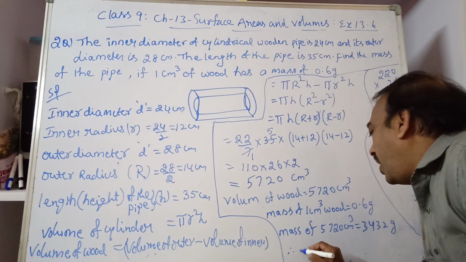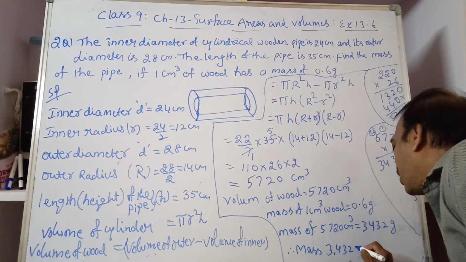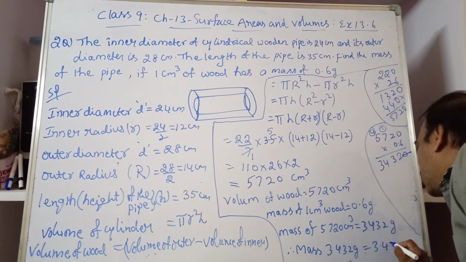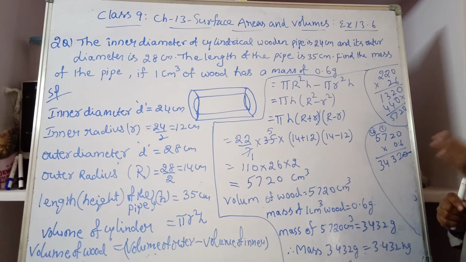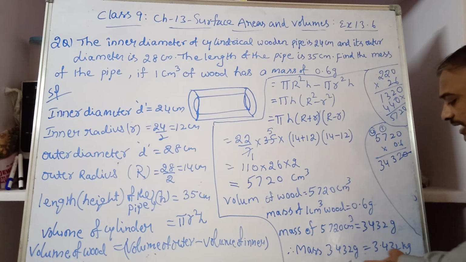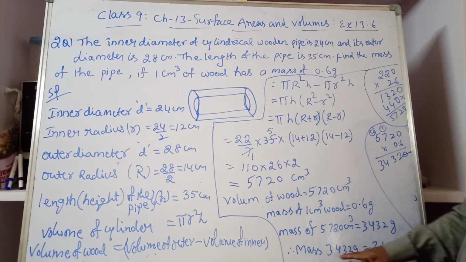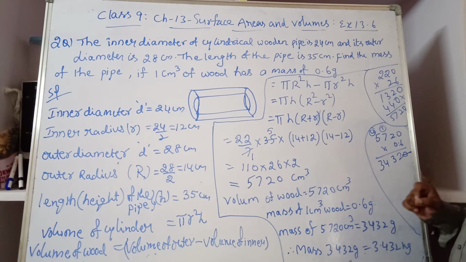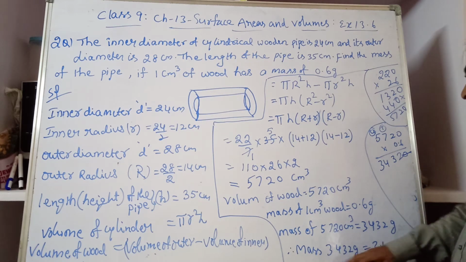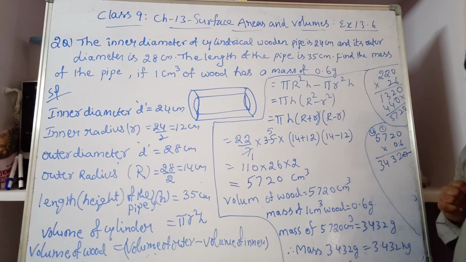So the mass is 3432 grams, or 3.432 kgs, because 1 kg is equal to 1000 grams, so 1 gram is 1 by 1000 kg. So 3 kg plus 432 grams, we call it 3.432 kg. So the mass of the wood is 3432 grams. I hope you understood. Is it clear?